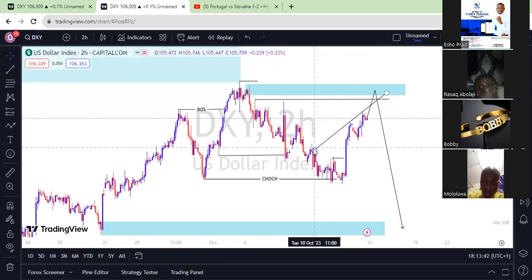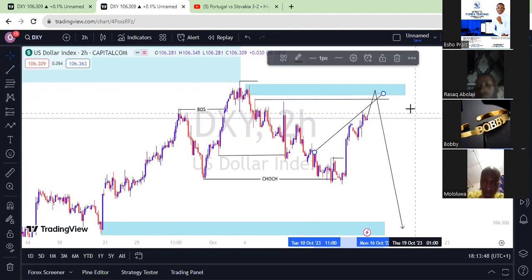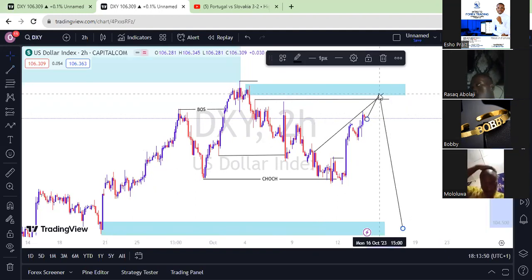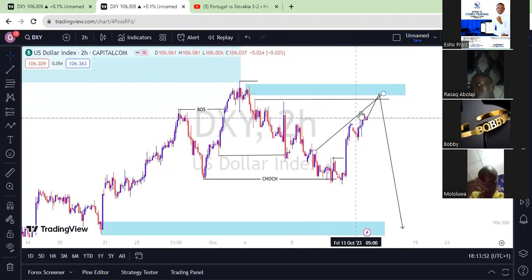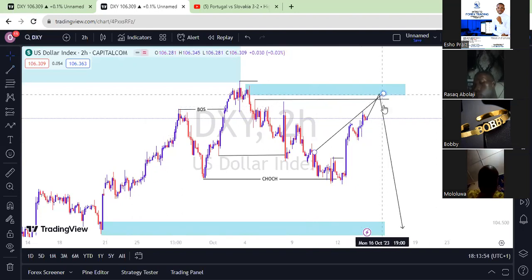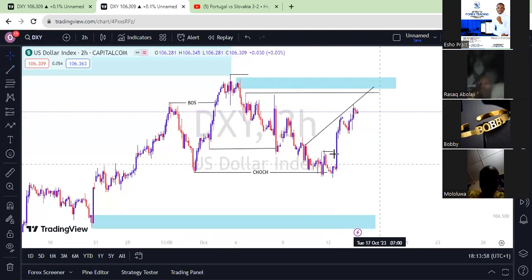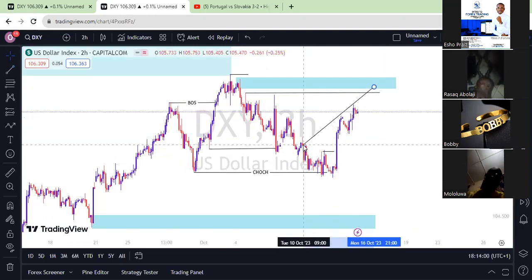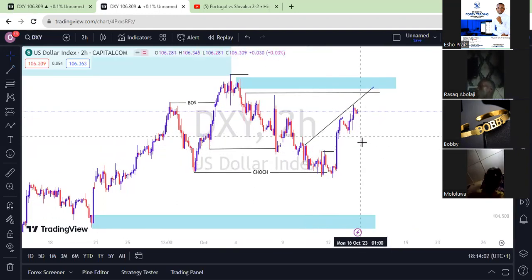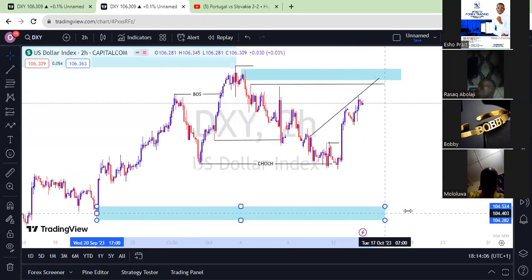So we have first touch, touch 2, then we are expecting a third touch here. Am I communicating, everybody? Yeah. So we will now see what the market will give us tomorrow. But the point is that we are selling to the downside here.